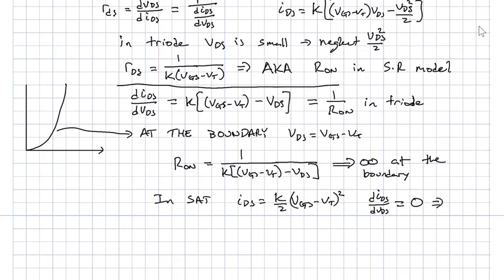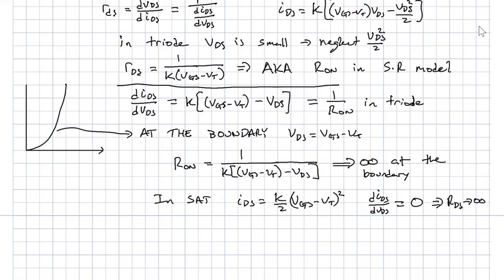So this also predicts R on, it's not R on, we'll call it RDS in saturation. RDS goes to infinity. And that's just another statement that in saturation, the drain source voltage has no impact on the drain source current. It acts like an ideal current source with infinite resistance.